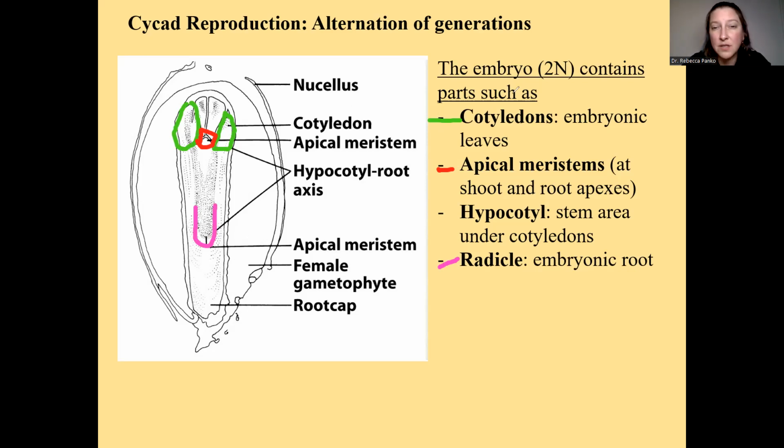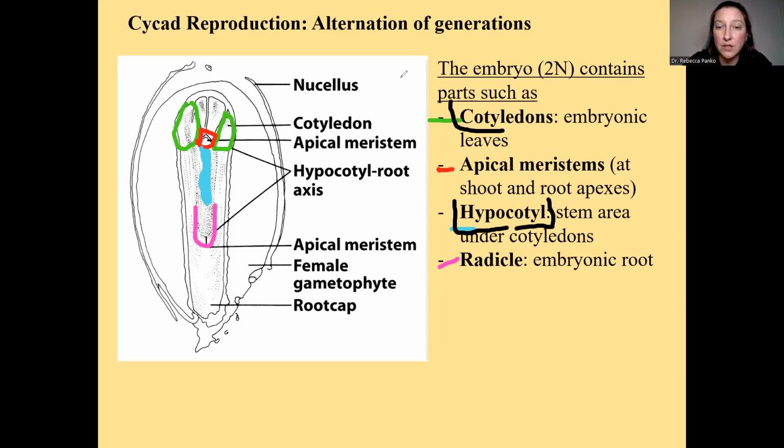And then there's a stem area that's between the leaves and the baby roots. We call that stem area a hypocotyl. So that's here. And just so you know, hypo means below, and cotyl refers to cotyledons.